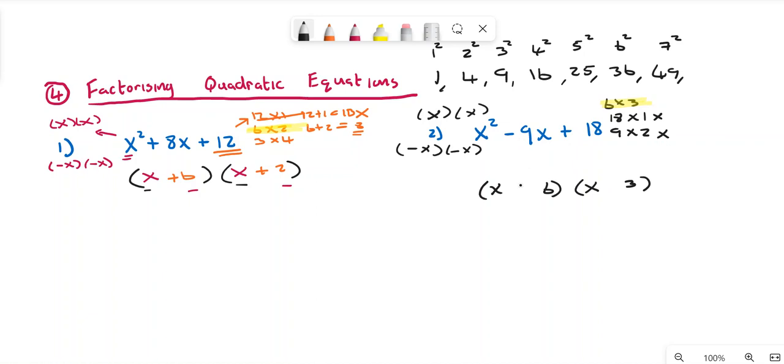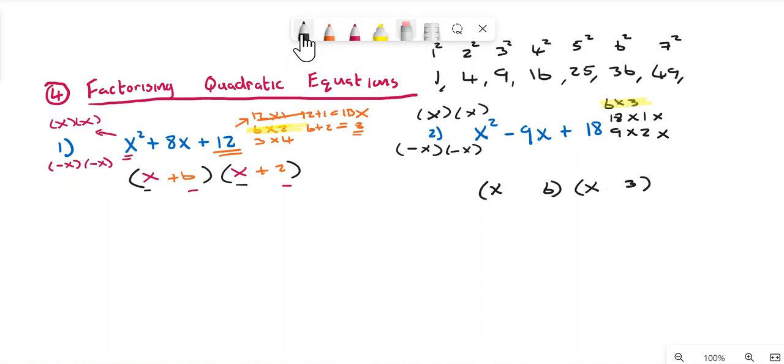So if I was to put in plus and plus here, x by x gives me x squared, x by 3 gives me 3x, 6 by x gives me 6x, and then if I add the two of them together, it's going to be +9 and not -9. Okay, so I want to change the signs because that won't work.